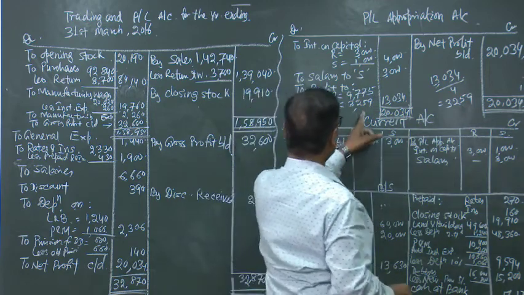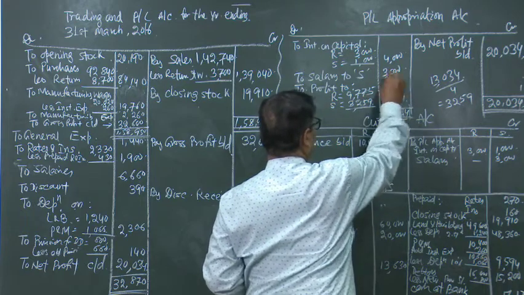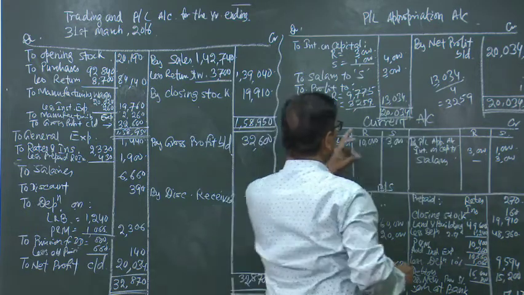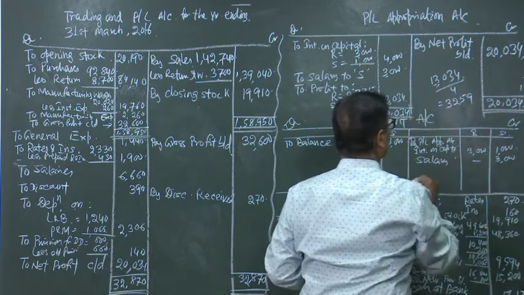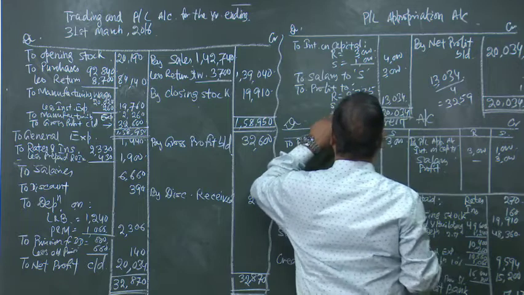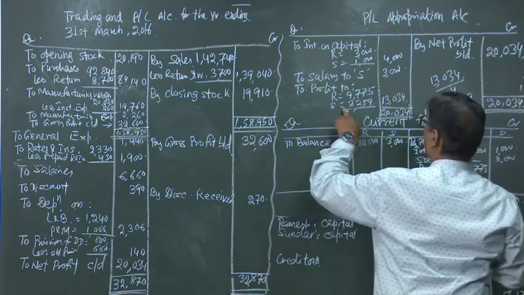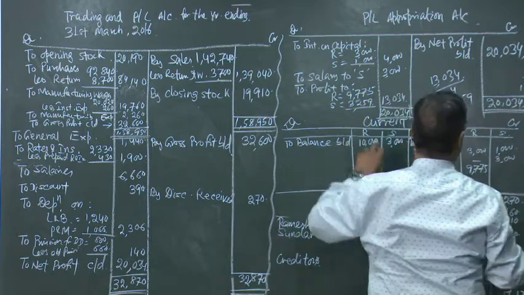So, these two total together is coming to 13,034. So, we can write here profit 9775 and 3259.